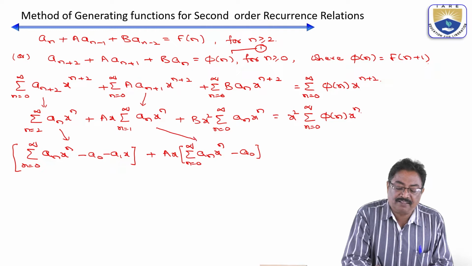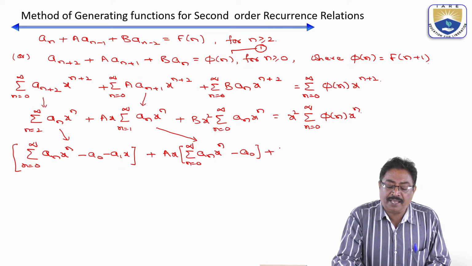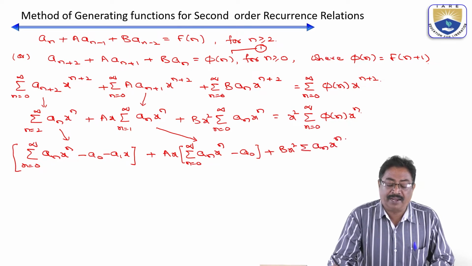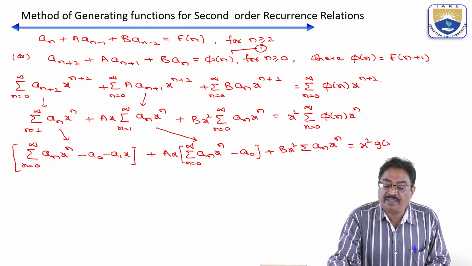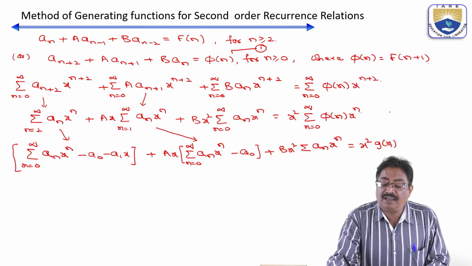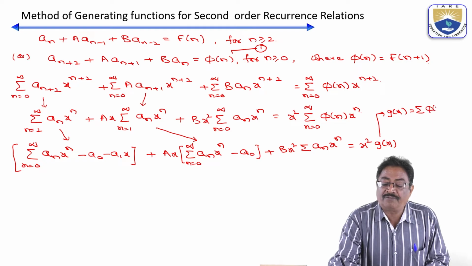And of course the remaining I am going to write the same as it is, b x square times the summation a n x power n, and I am going to take this as x square g of x, where g of x is the summation of phi of n x to the power of n, n equals 0 to infinity.